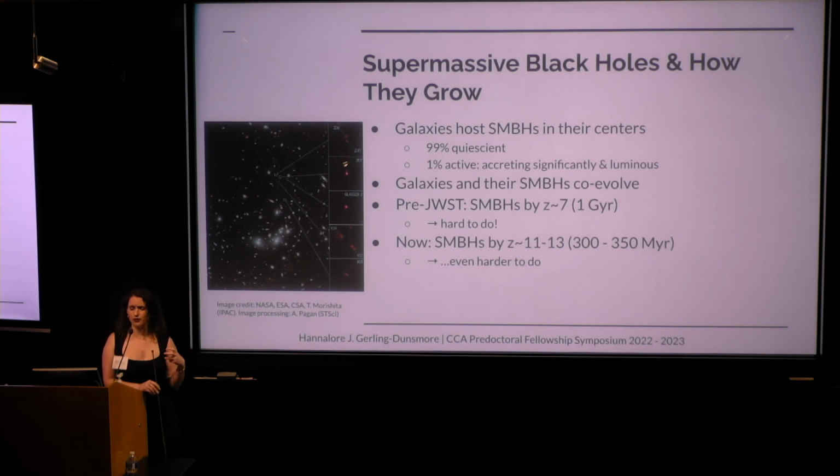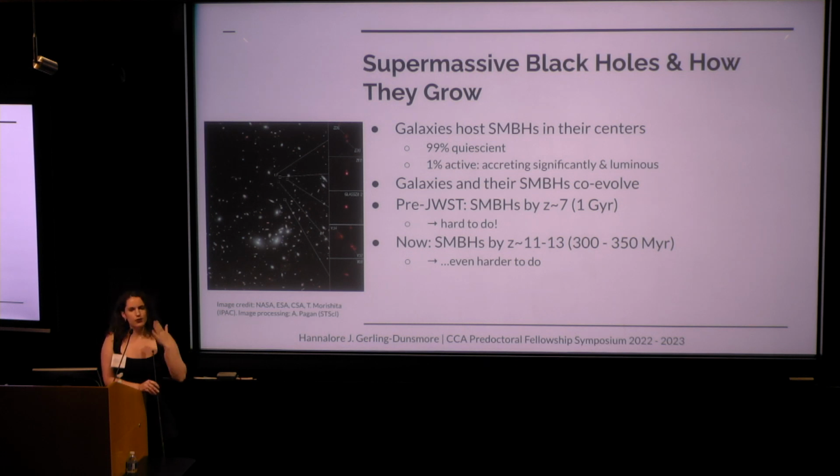It's certainly not accreting in a sustained way, and it's definitely not powering powerful luminous outflows. That means that 1% of these galactic nuclei are what we call active, which is the opposite of what I just described. They are accreting significantly, it's sustained, and they are powering really luminous outflows, with the brightest of those being called quasars.